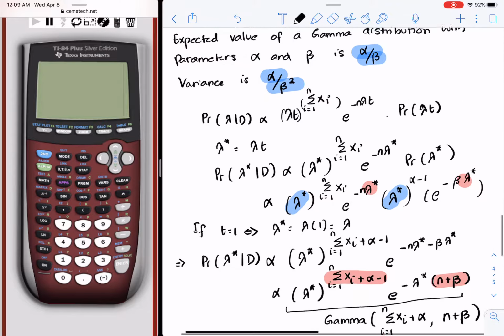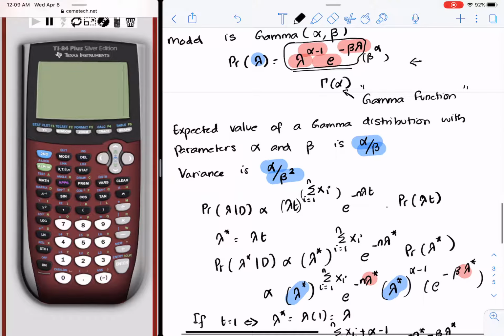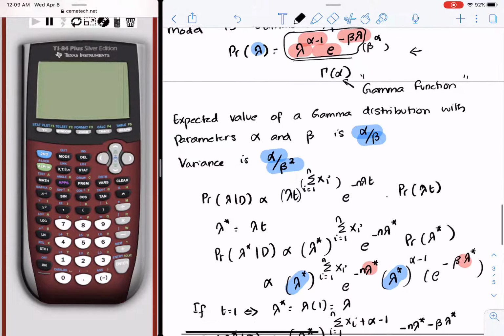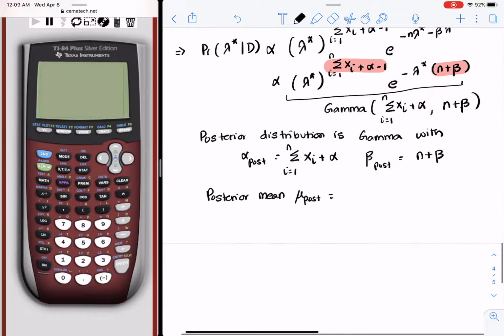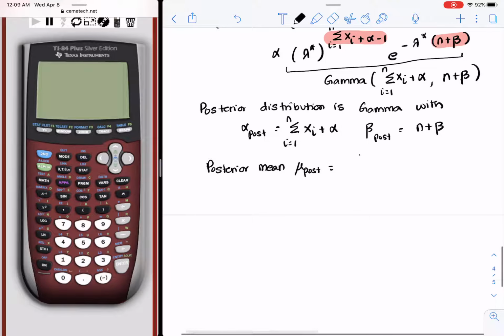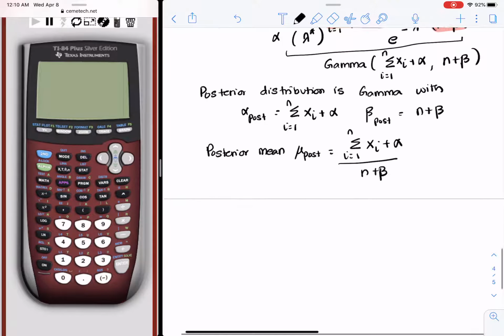I wrote the expected value of gamma is alpha over beta. So we would have the sum from i equals 1 to n of xi plus alpha, over n plus beta.